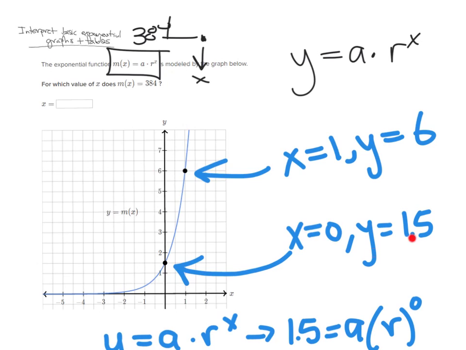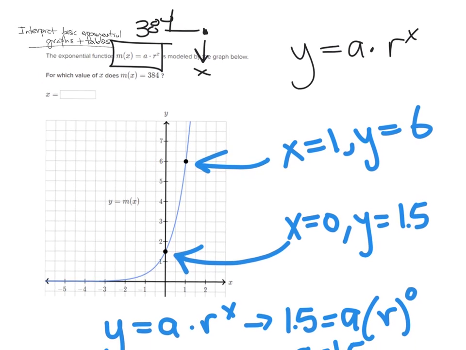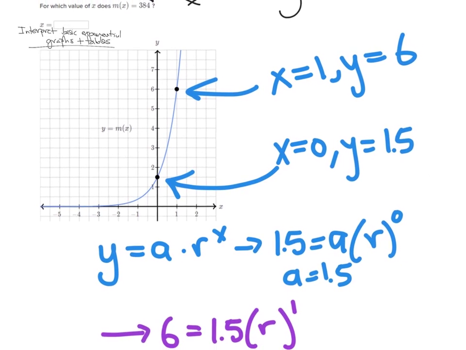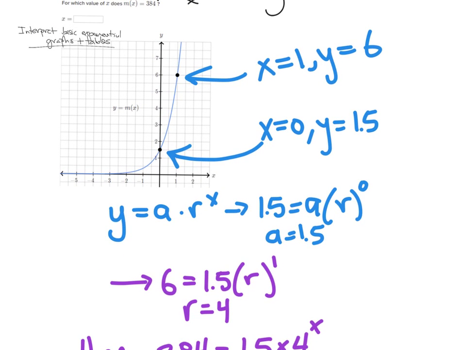What I have done is describe the coordinates of the point, 0 and 1.5, and then this point up here, 1, 6. So if we actually plug those into this general form of our exponential equation, from this first one, the y-intercept, anything to the 0 is 1, so the y-intercept basically gives us a, the coefficient, which is 1.5.